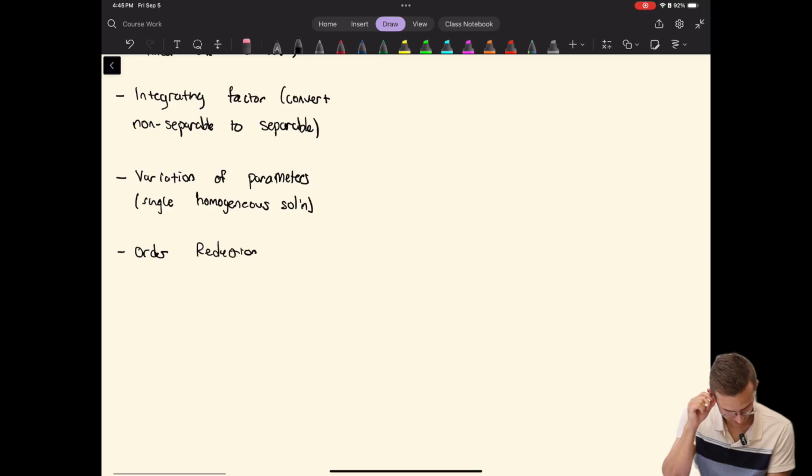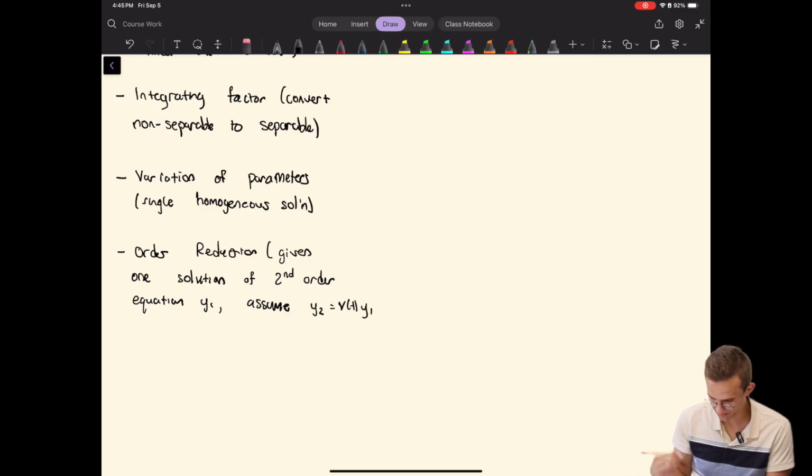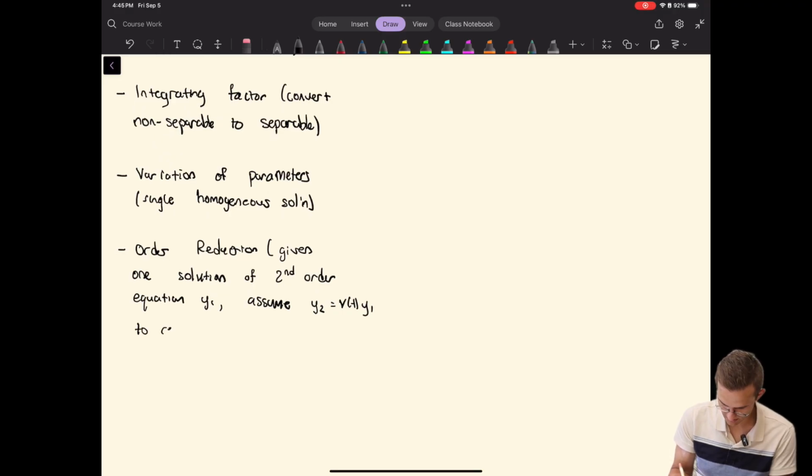Okay, so this is where, given one solution of a second order equation, let's call it y1, assume y2 is equal to v of t times y1 to reduce the equation to a first order equation for vt, to reduce equation order.